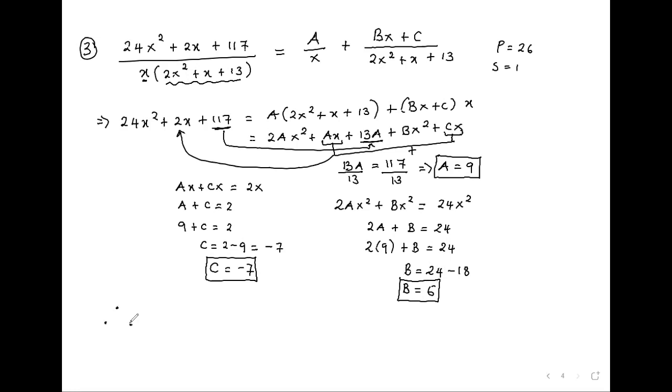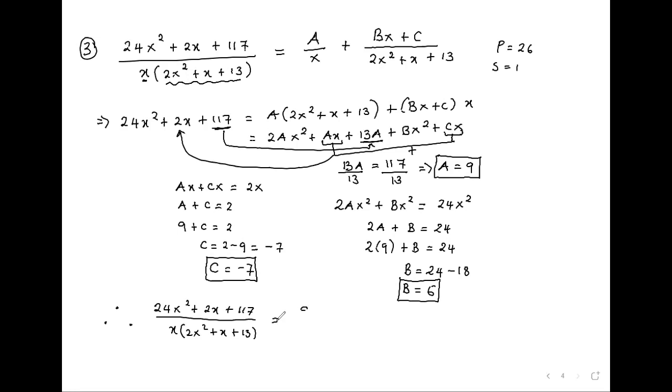Implying that the solution is going to be 24x squared plus 2x plus 117 over x times 2x squared plus x plus 13 is equal to a. What is a?